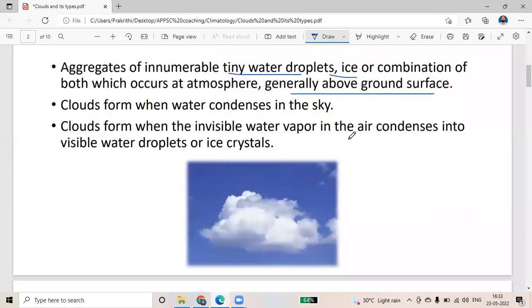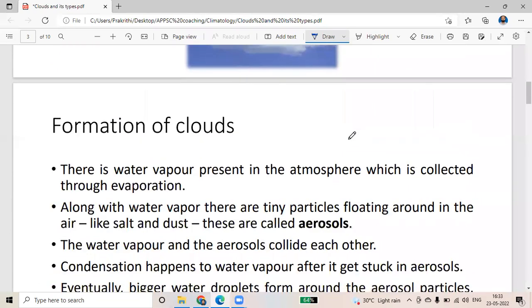How clouds form, we have already discussed in the last class also, but still, there is water vapor present in the atmosphere, that we know. How does that happen? There are ponds, seas, oceans, the water bodies on the surface, and also trees and animals, all of which contain water.